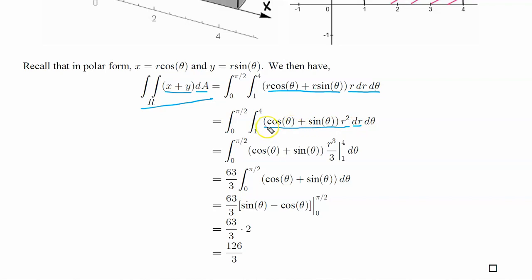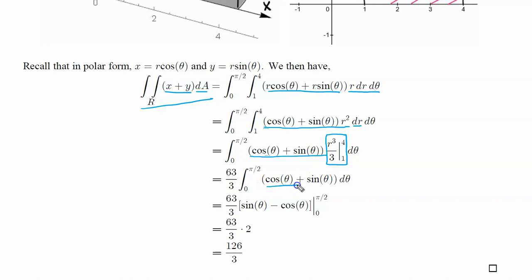So the antiderivative of this with respect to r is going to be r cubed over 3, and then we just bring down the cosine theta and sine theta, treating them like constants. This needs to be evaluated from 1 to 4, so put 4 in for r, 1 in for r, and subtract. And this part right here will become 63 over 3. So that's just a constant. We can pull it out in front of the integral.